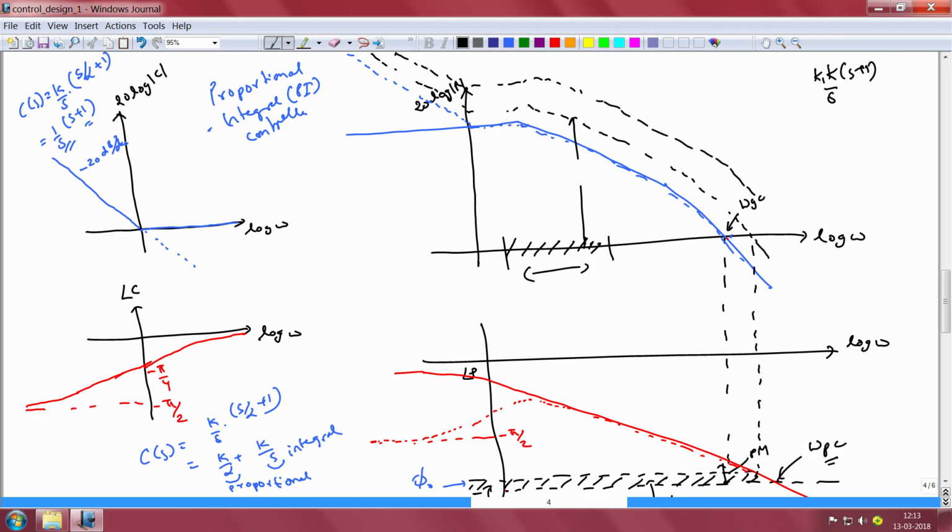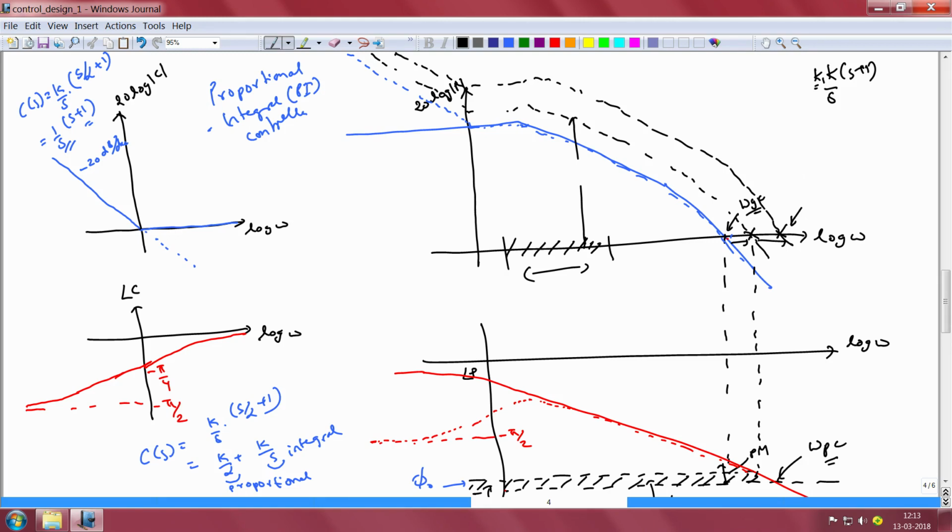We have increased the gain further and therefore our gain crossover frequency omega gc has shifted further to the right. The gain crossover frequency of the plant is shown here. This becomes the gain crossover frequency of the plant times a PI controller. Now this becomes the gain crossover frequency of the plant times the PI controller times this gain k1.